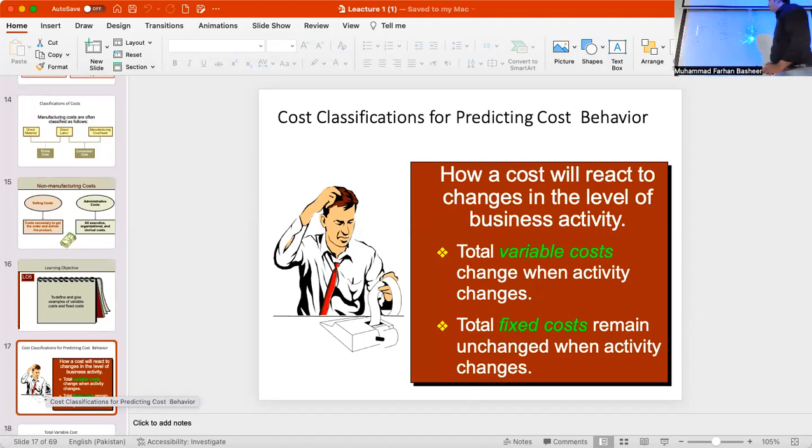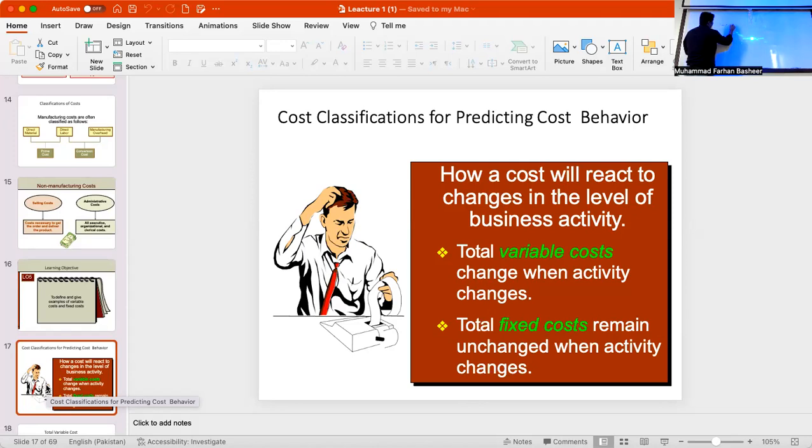Okay, so the first classification of cost was based upon selling and manufacturing cost, and we have studied three types of cost: direct material, direct labor, and manufacturing overhead. Okay, give me another classification from this as well.